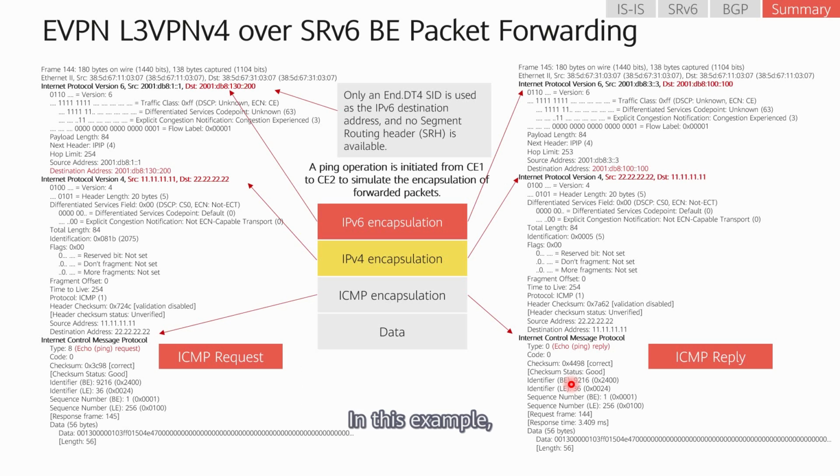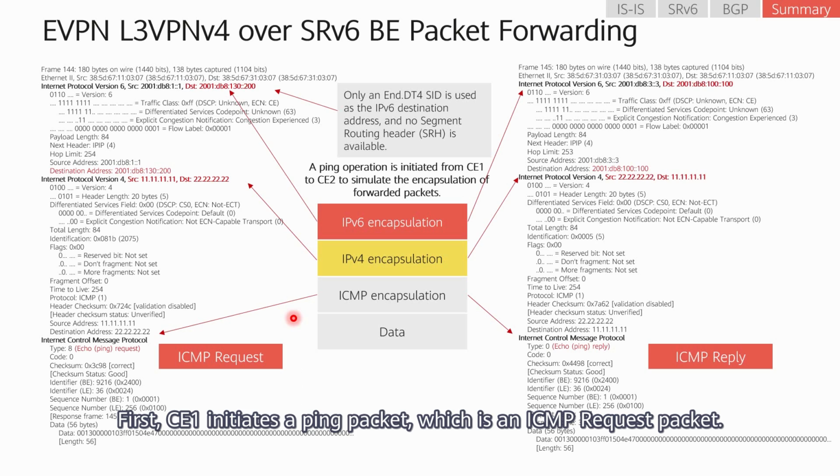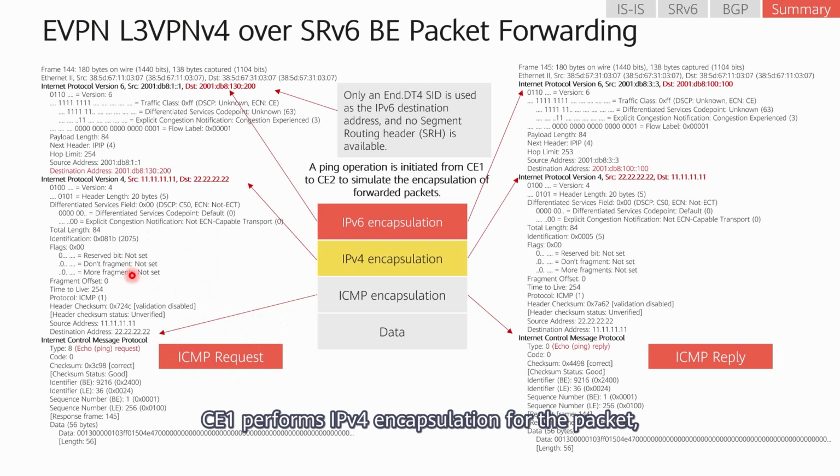In this example, a ping operation is initiated from CE1 to CE2 to simulate packet encapsulation. First, CE1 generates a ping packet, which is an ICMP request packet. CE1 performs IPv4 encapsulation for the packet, setting the source address to CE1's address and the destination address to CE2's address.